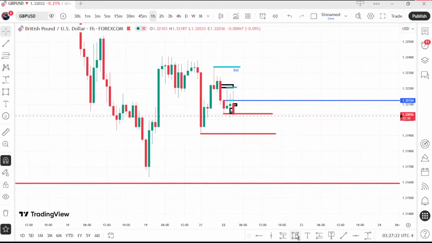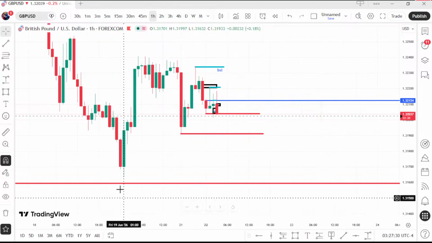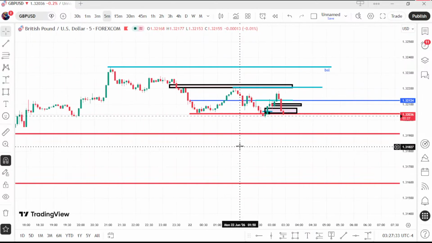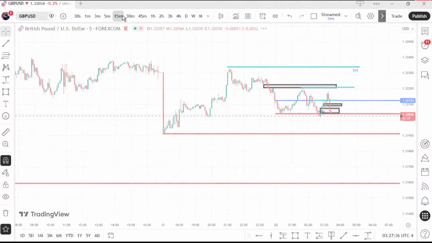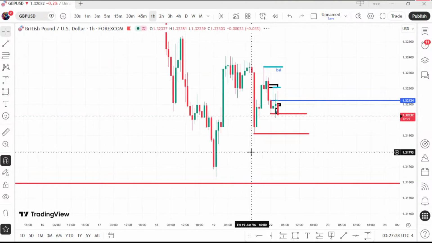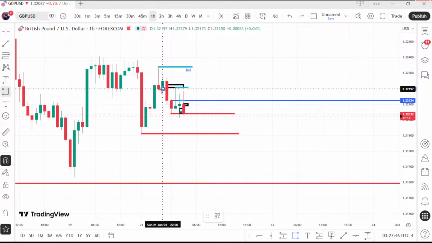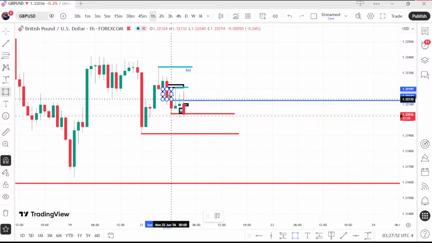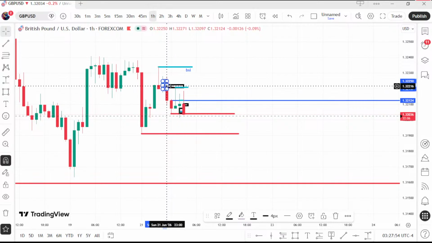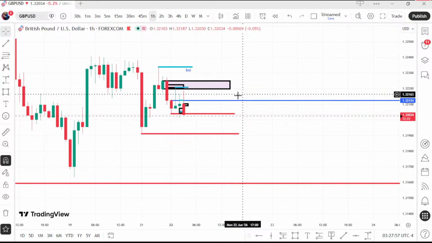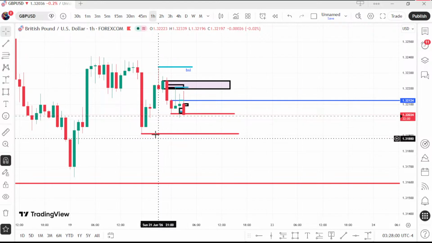So we're going to continue the bias, which is the sell side, which we're going to attack. Also this is now a valid order block in the hourly time frame. You see this price is not closing inside it. See that order block touched it. Now we are going to continue to this sell side liquidity.